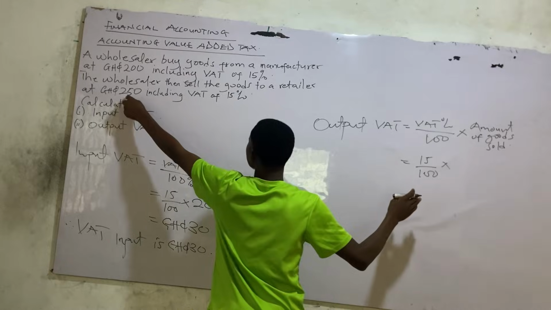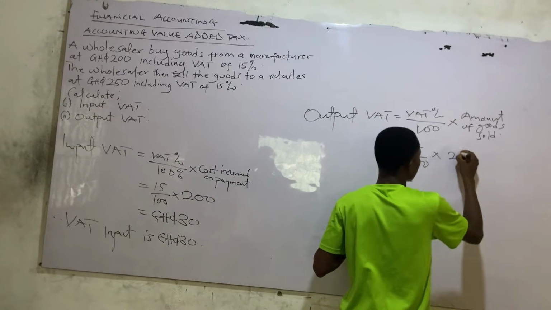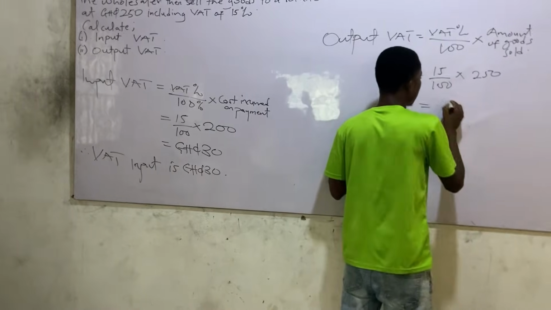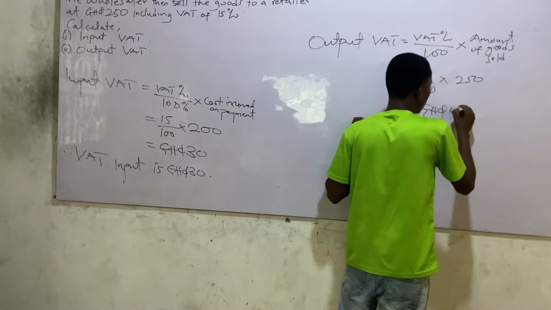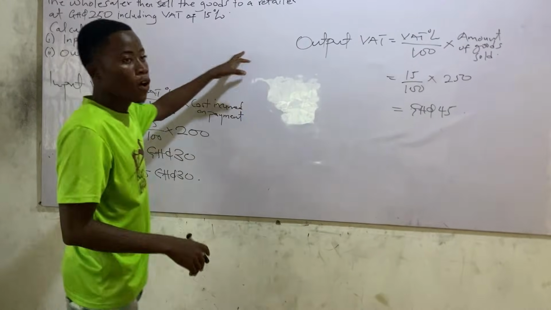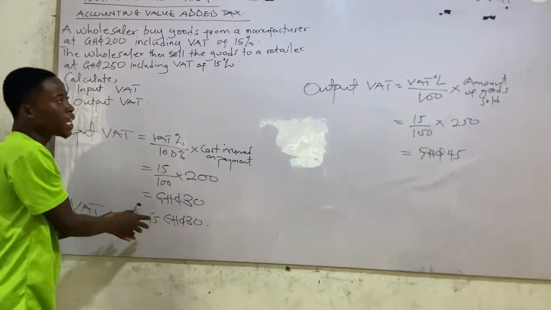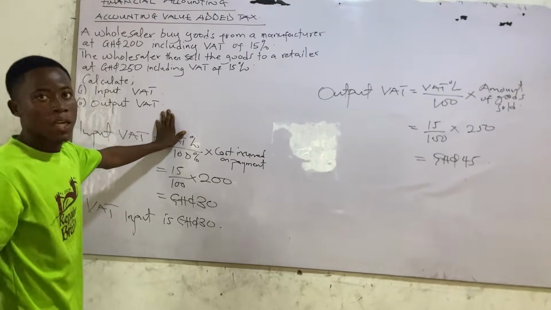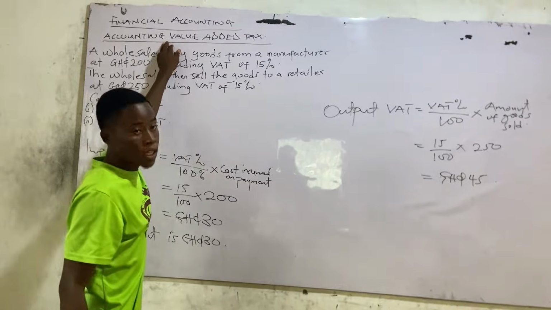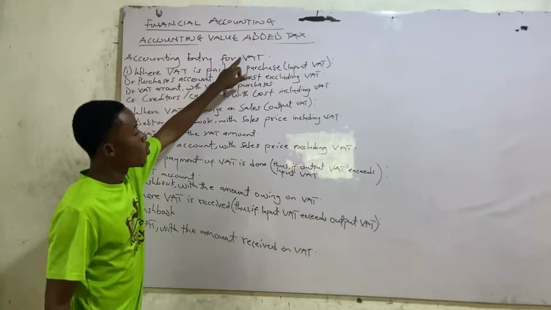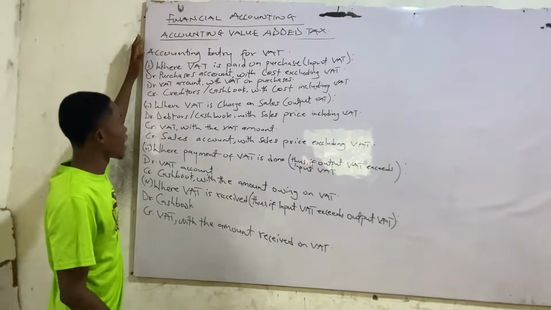So the amount is 250 cedis. So this will now give 45 Ghana cedis. So this is the whole computation of VAT input and then VAT output in the accounting of value added tax.